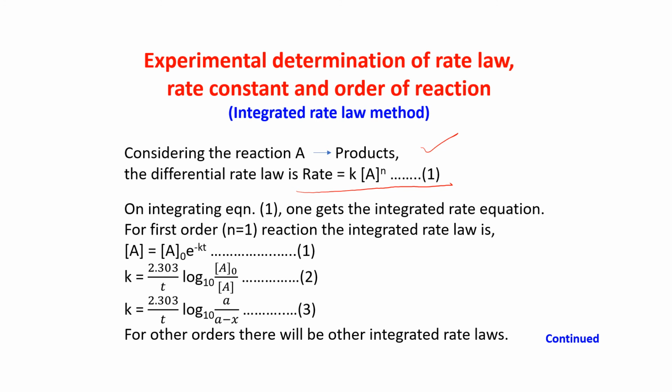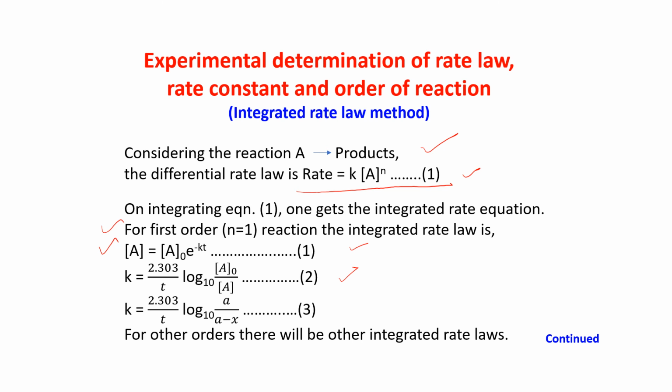On integrating equation 1, for first order, if n is equal to 1, the integrated rate law is A = A0 e^(-kt). k = (2.303/t) log10(A0/A).